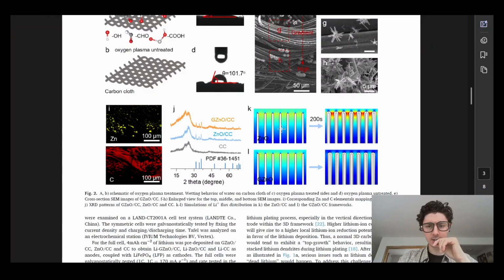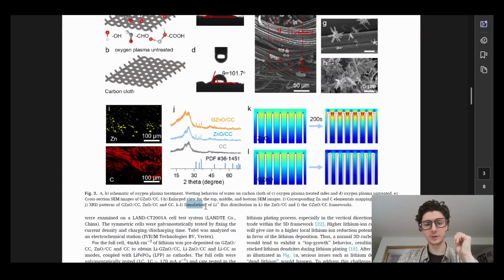But what I'm interested in is this bottom figure here. So part I corresponding to, so these are SEM images. I'm just going to keep zooming through. This is another XRD pattern. And then K to L. So A, B, C, D, E, F, G, H, I, J, K, L. This is L. Simulations of lithium flux distribution in K, zinc oxide/carbon cloth, and L, gradient zinc oxide/carbon cloth framework.